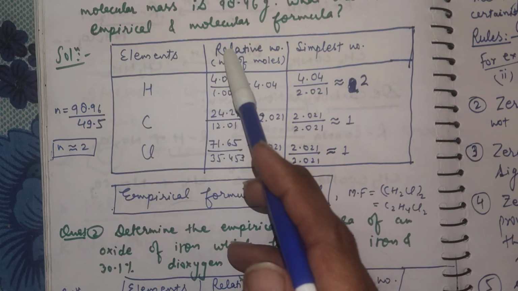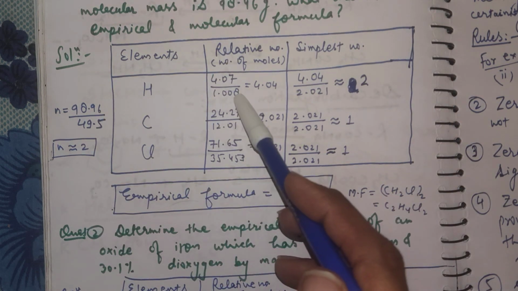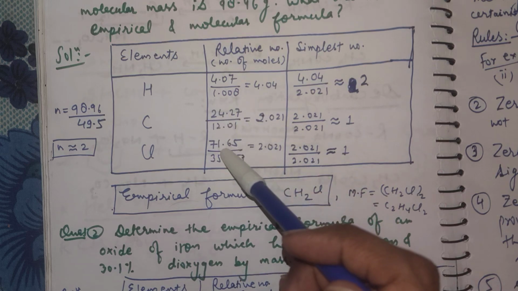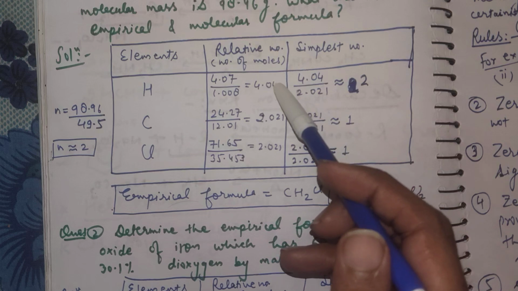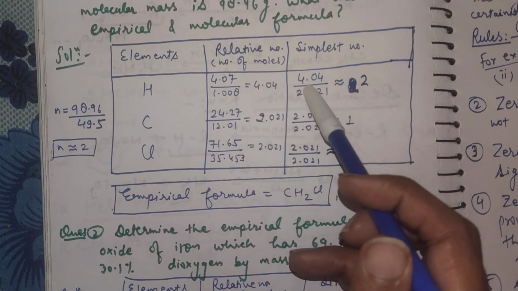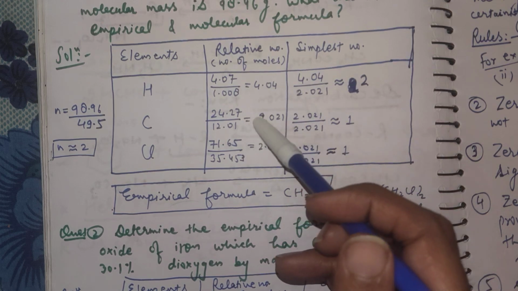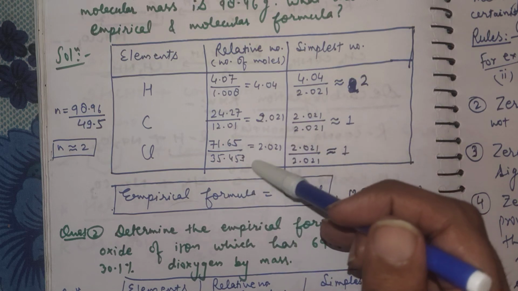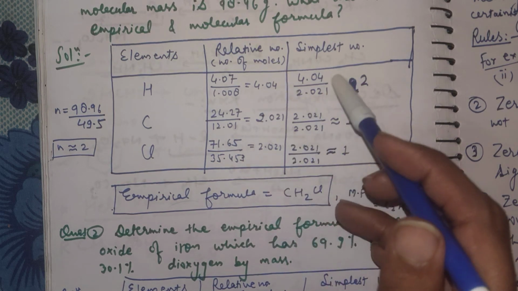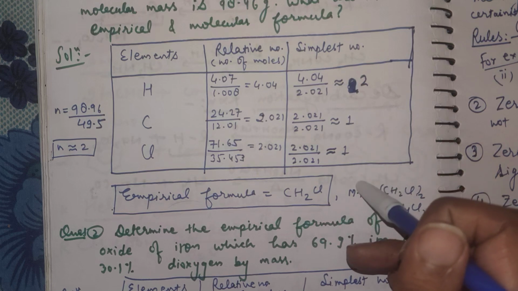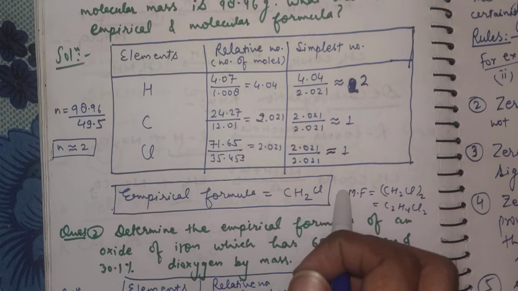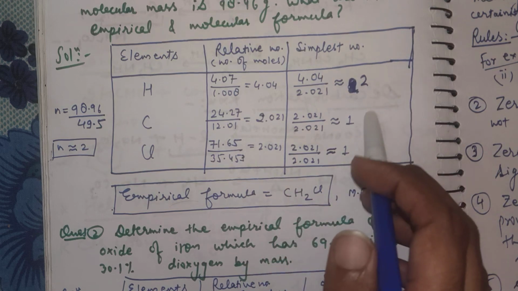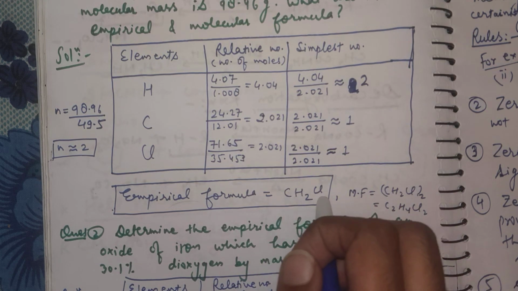To repeat: first take the percentage abundance divided by the atomic mass for each element, then divide by the smallest number. We get the simplest ratio, and using that ratio for each element we get the empirical formula.